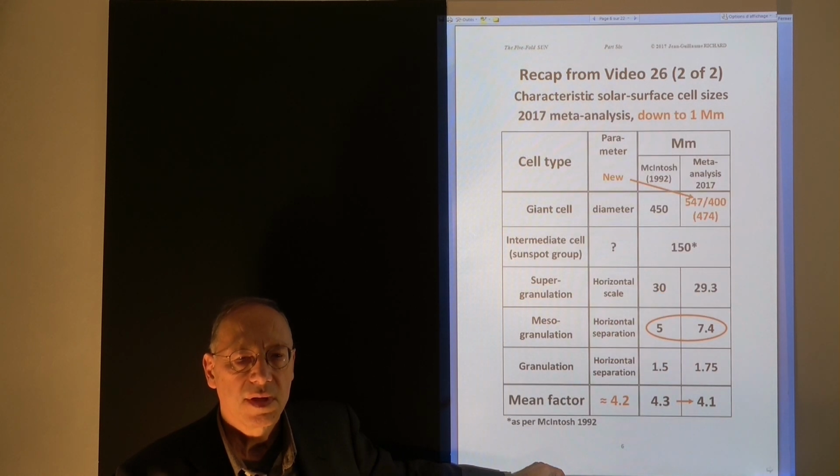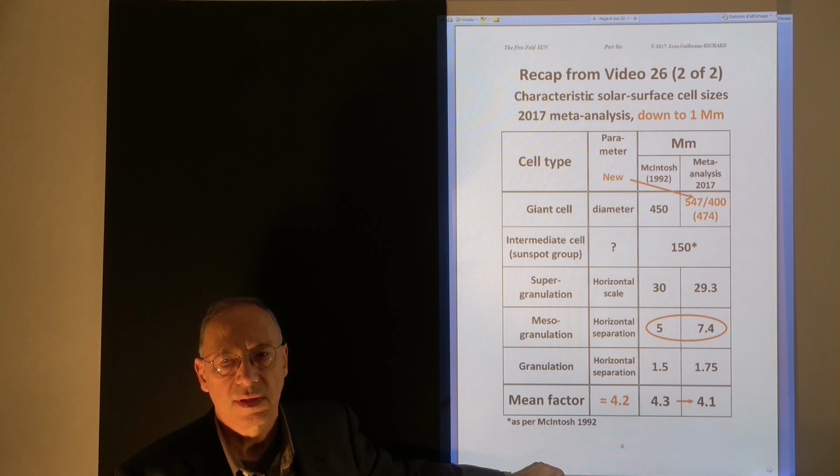Then we reviewed a meta-analysis performed in the Fivefold Sun project of the literature since Mackintosh 1992, more than 2 decades ago.